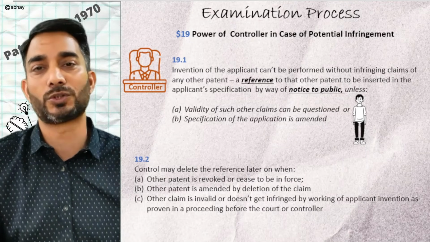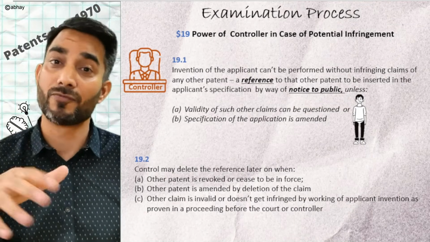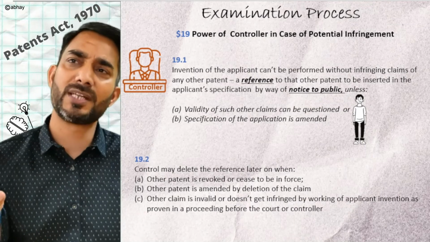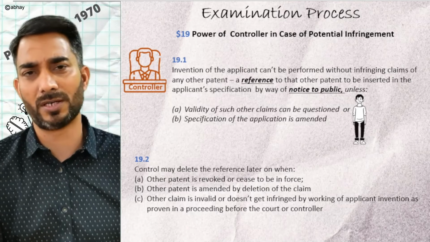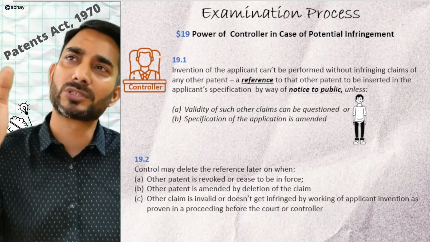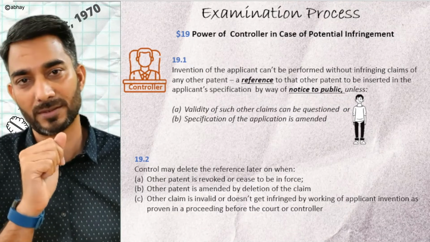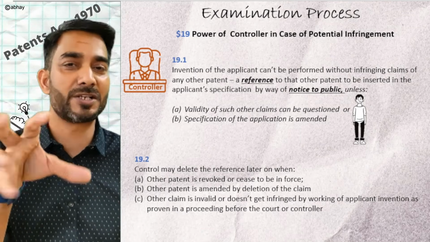In such cases also, the reference inserted in your application can be removed by the controller. Finally, before a proceeding in front of a controller or a court, it was proved that those claims don't get infringed by the working of your invention. In such cases also, the reference inserted in your application will be removed.